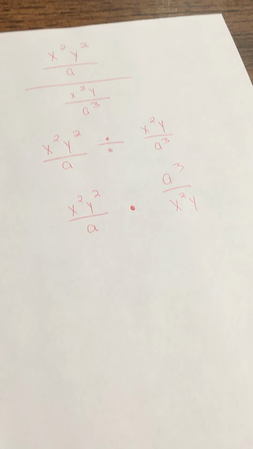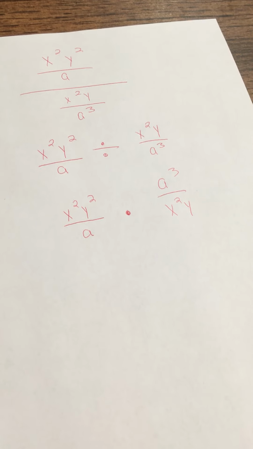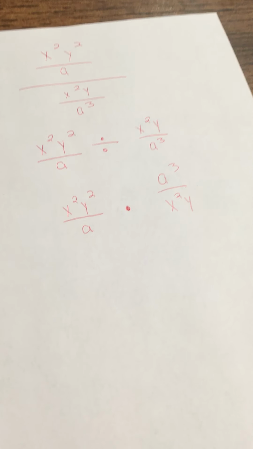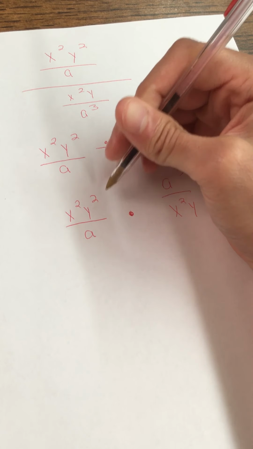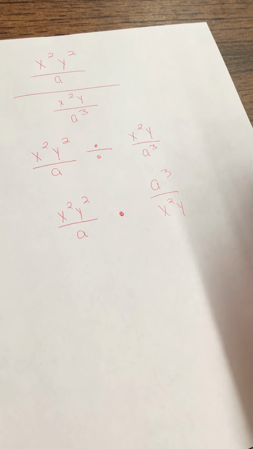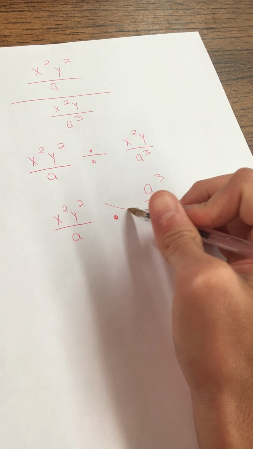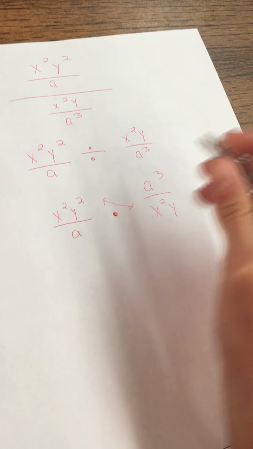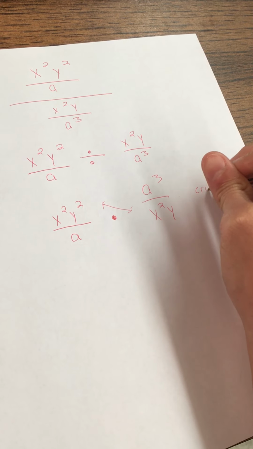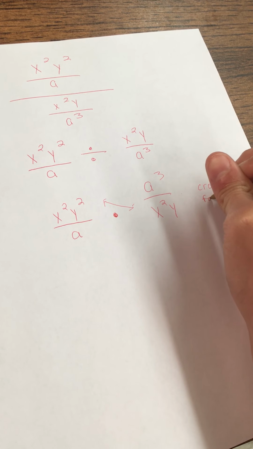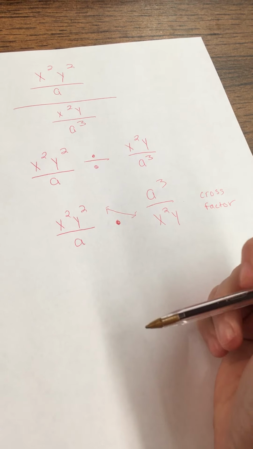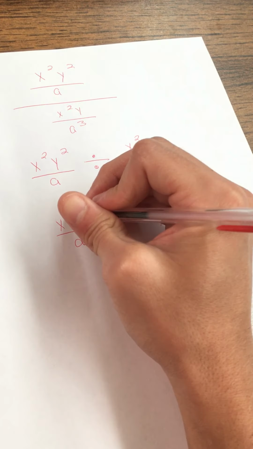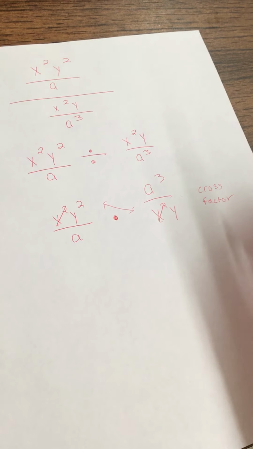Okay? Now remember, what were our instructions? To simplify, right? Can we cross factor anything out? I know x squared and x squared can eliminate themselves into 1, right? Okay.